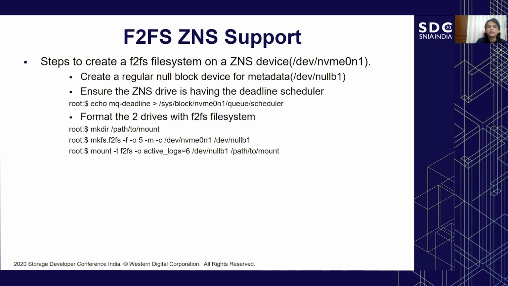And this is the mount command. Once you mount this, you get the F2FS file system on the mount path, and any data you write now goes into the ZNS device. And if space is available on the first regular block device, and the main area starts from that block device, the data may also go into that area.